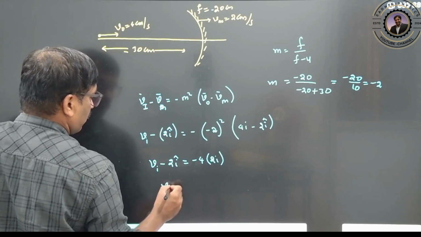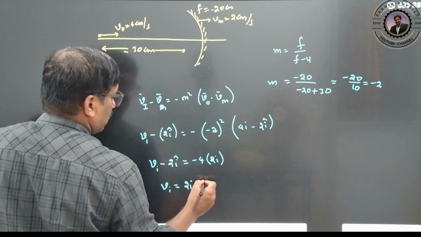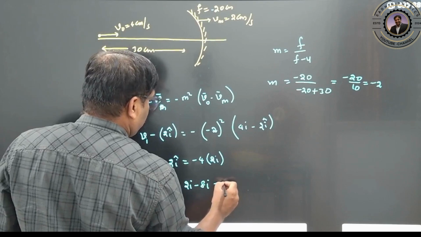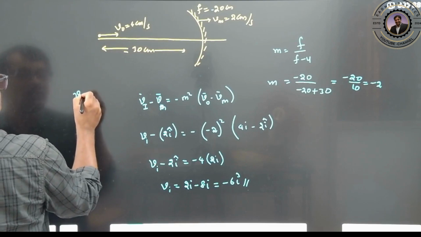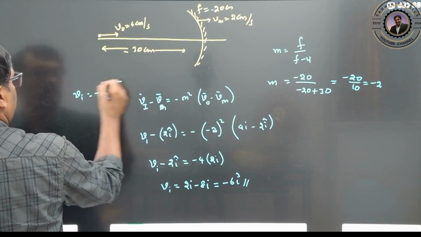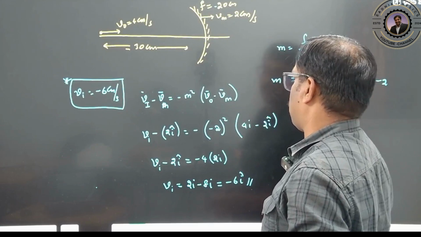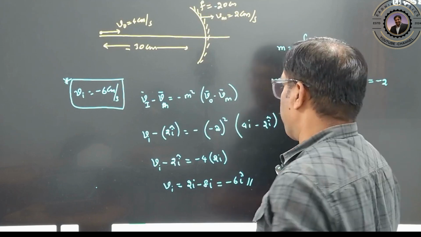Therefore the velocity of the image is 2I cap minus 8I cap, which is equal to minus 6I cap. Therefore, the velocity of the image is minus 6 centimeters per second. Clear? This will be the velocity of the image.